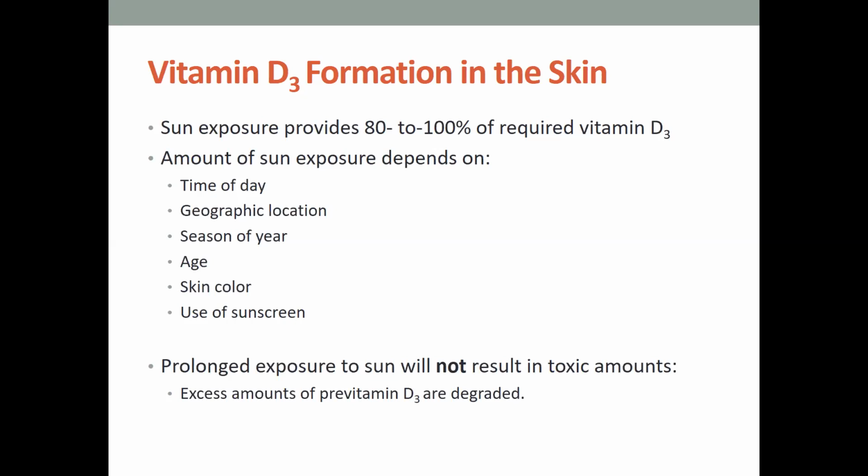Age, so the older we are, the less we're able to make vitamin D from the sun. Skin color, so the darker your skin is naturally, the more it will block making vitamin D from the sun. And sunscreen, which is really good at preventing sunburn and skin cancer, does unfortunately block the conversion of vitamin D from the sun in your skin.